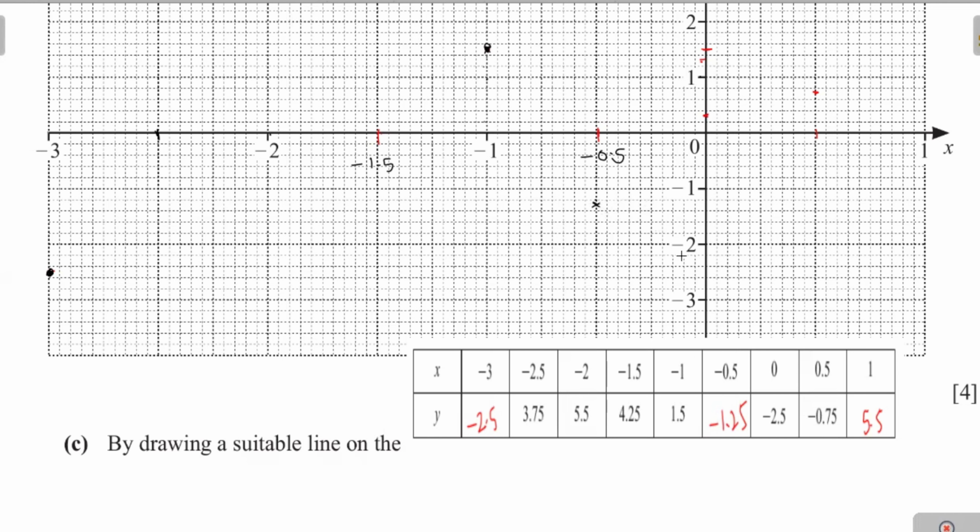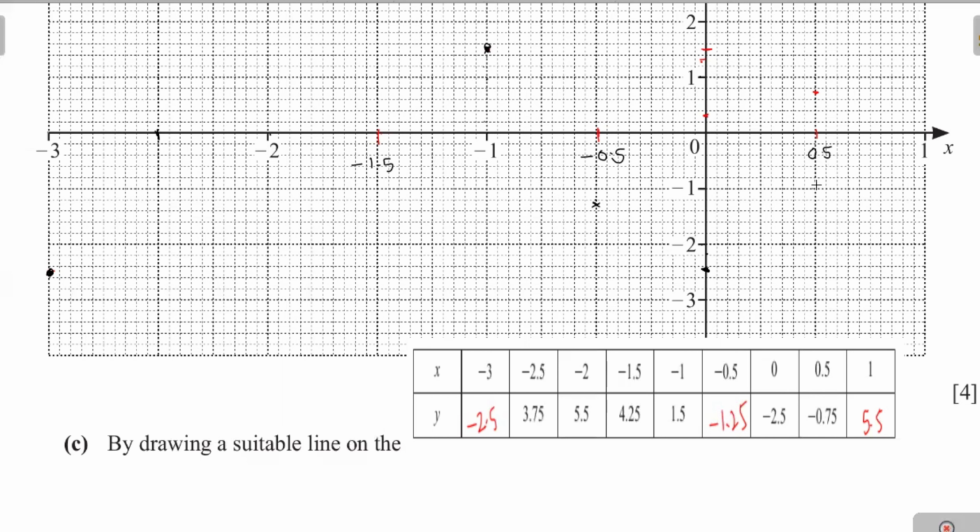Next is the value 0, minus 2.5. This will be the middle of minus 2 and minus 3, which is minus 2.5. And this position will be 0, minus 2.5. Next is 0.5, minus 0.75.